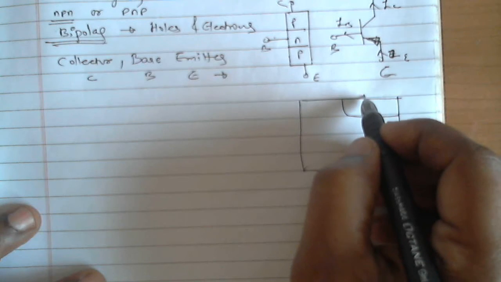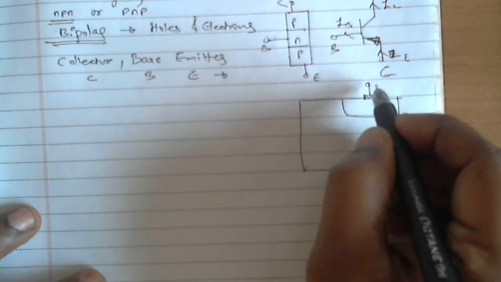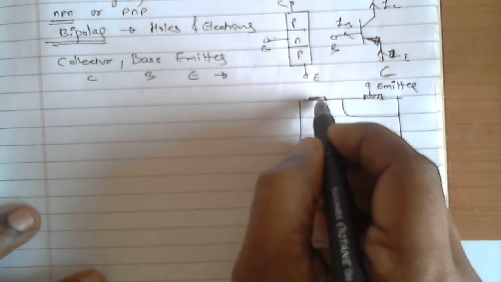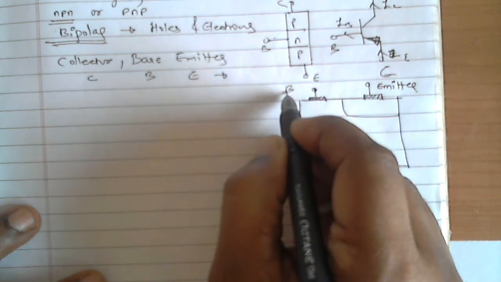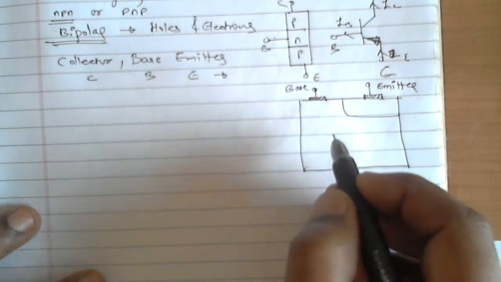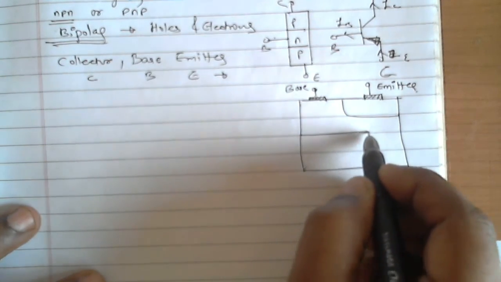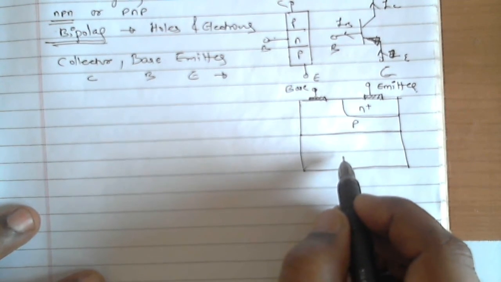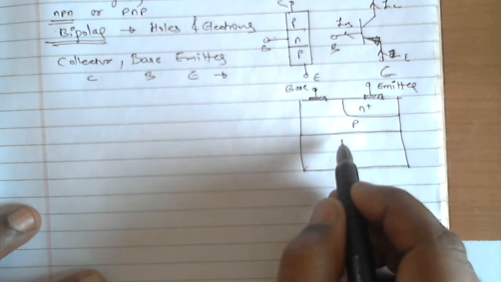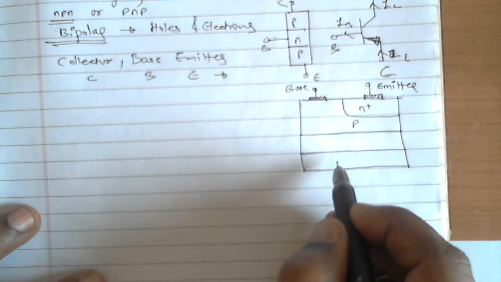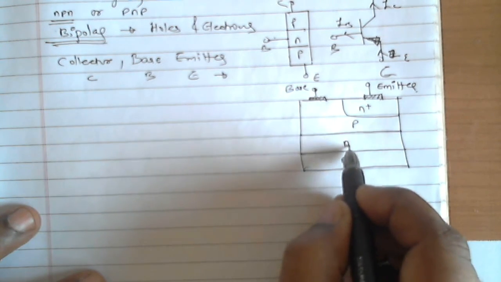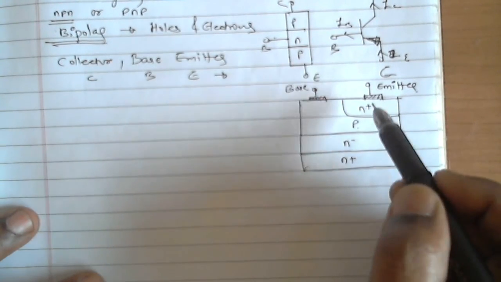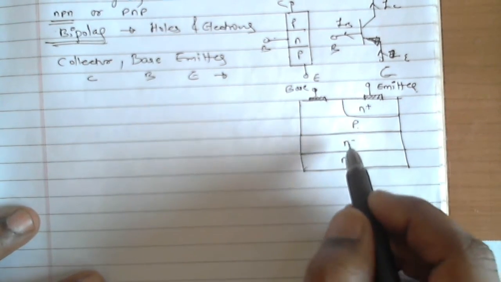This is the emitter, this is the base. This is N, P, and this should be the N layer. The difference is that the N layer forms two different layers of N, one highly doped and one lightly doped. That is the only difference, otherwise it is a simple NPN device, but in the N there are two sections.